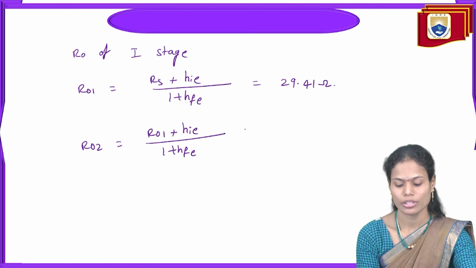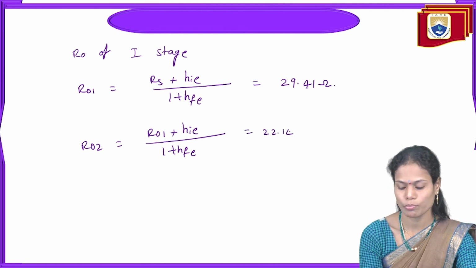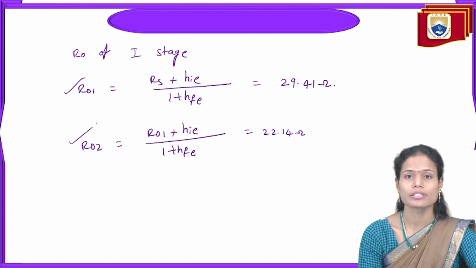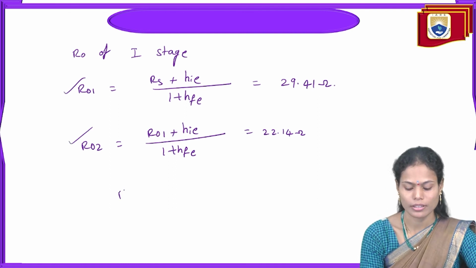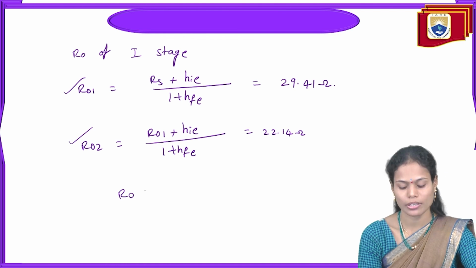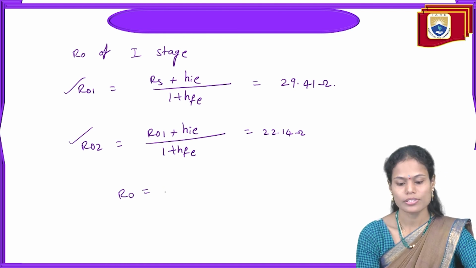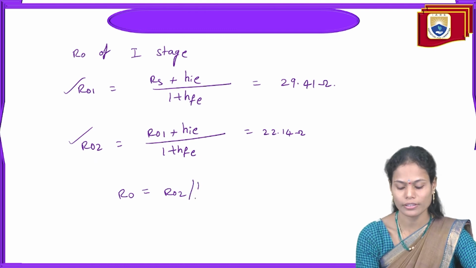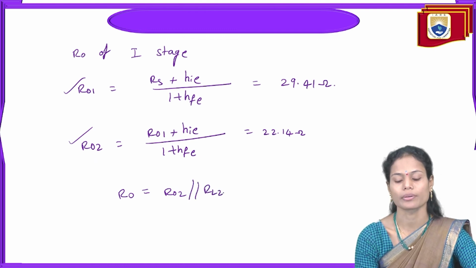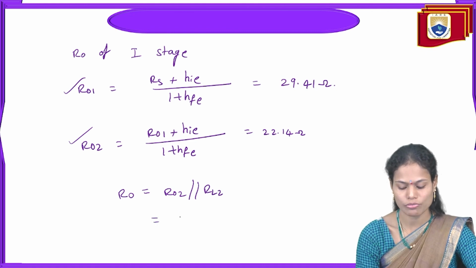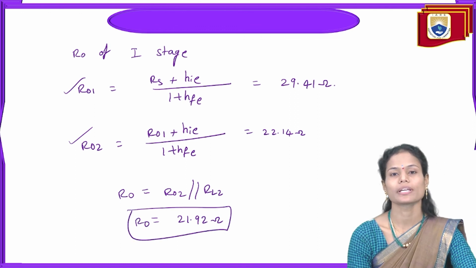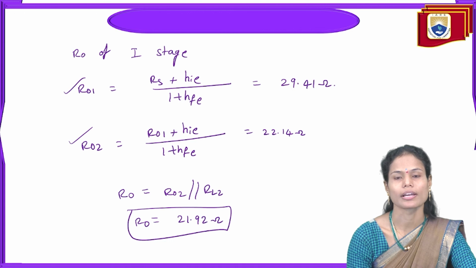So after substituting all these values, it is 22.14 ohms. So these are the first stage and second stage impedances, but the overall multi-stage amplifier output impedance is the parallel combination of this resistance R02 and the load resistance RL2. If we substitute these two values, we will get it as 29.92 ohms, the overall output impedance of the given Darlington amplifier.